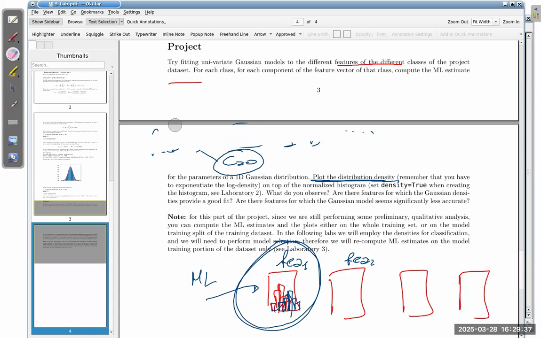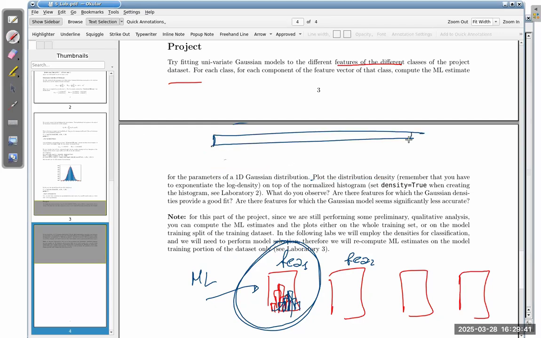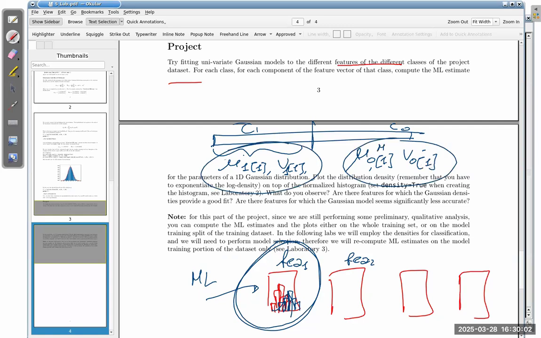So we take, for example, the first component of the data matrix, we split it into class 1 and class 0, then we compute the maximum likelihood mean and variance for component 1 for class 1, then the same thing for class 0 from component 1 of our data matrix, and then we plot these densities on top of the histogram to see whether one-dimensional Gaussians are a good fit for the different features.